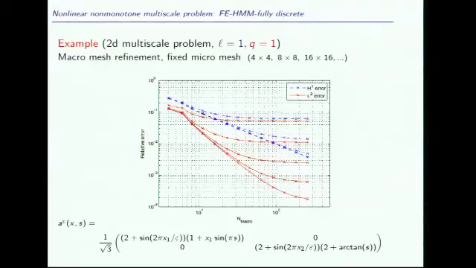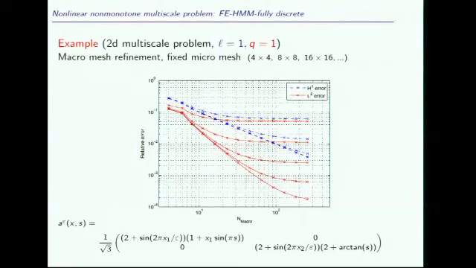So let's see again this plot that I showed several times already, the convergence plot with respect to H1 and L2 error. Okay, here again you have the macroscopic degrees of freedom, which now go from left to right.